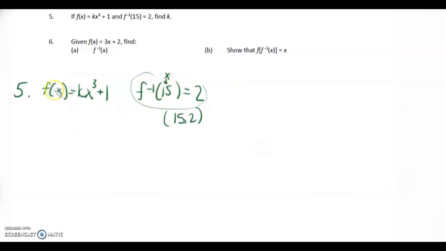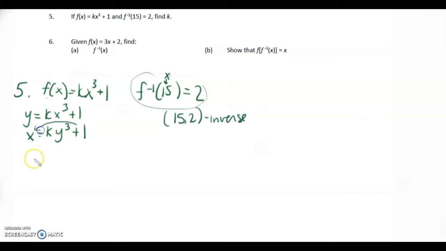Okay, what we're going to have to do is first, because this is of the inverse, find the inverse first of f at x equals kx cubed plus 1. So let's first substitute in y. So y equals kx cubed plus 1. Let's switch the x and the y's. x equals k y cubed plus 1.